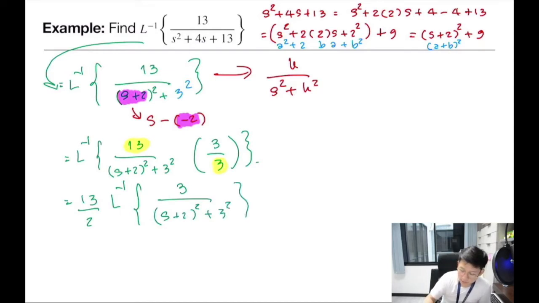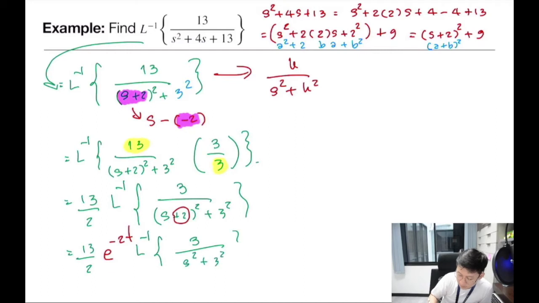And I shift these out, it's s minus a with a equal to minus 2. So I would get 13 divided by 3, e to the minus 2t, and then the inverse Laplace of 3 divided by s squared plus 3 squared. Okay, just write it here.